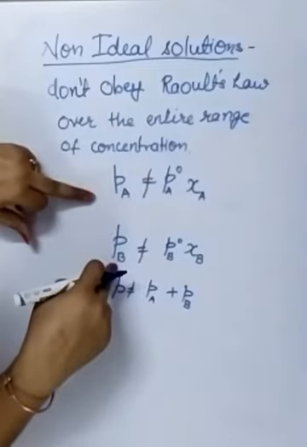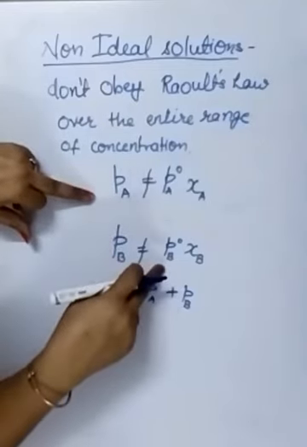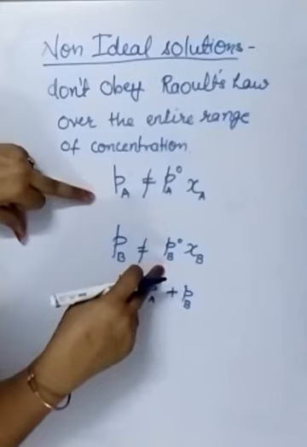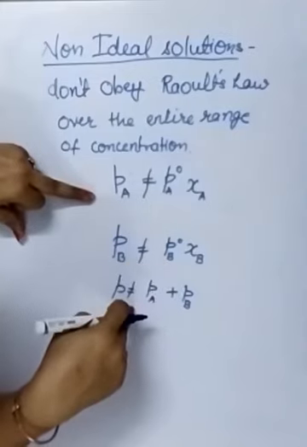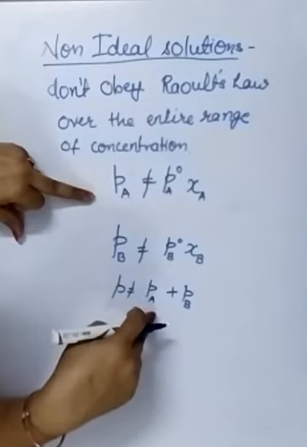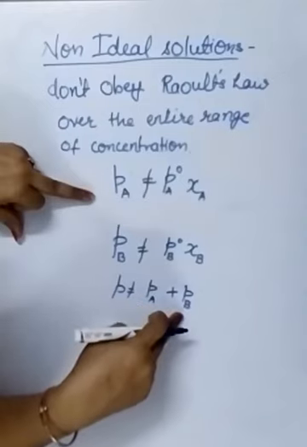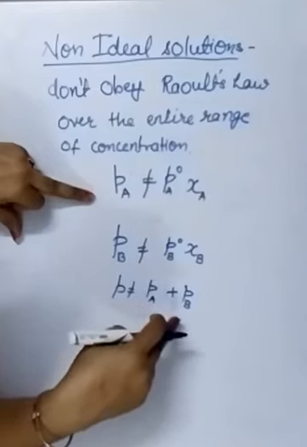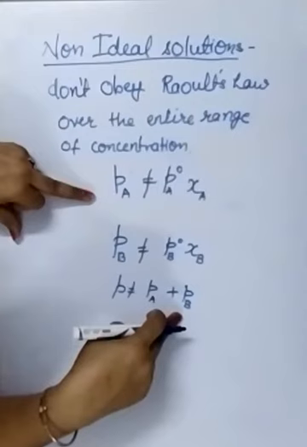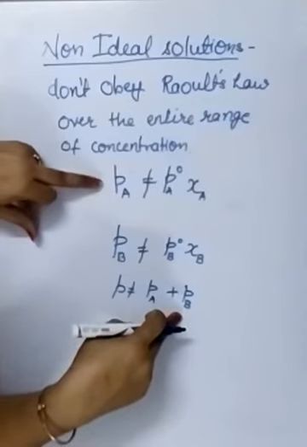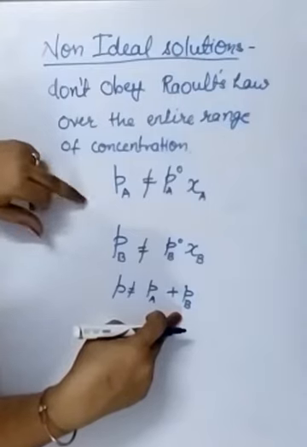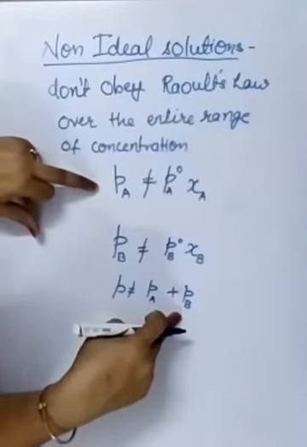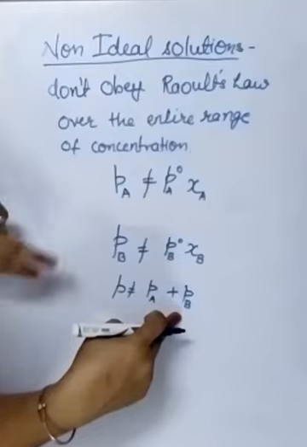PB will be greater than PB not XB, or smaller than PB not XB. And P will be either greater than the sum of the partial pressures of the two components, or smaller than the sum of the partial pressures of the two components in the liquid solution. So it will be either greater or smaller. Thus, if it is equal, then it follows Raoult's law. If it is not equal, then it doesn't follow Raoult's law.